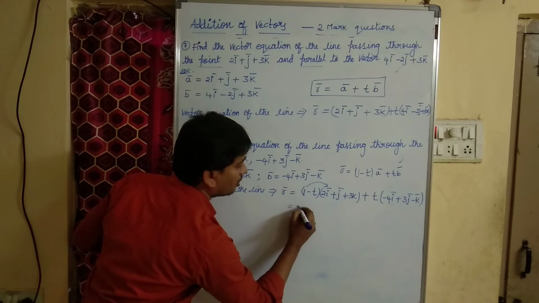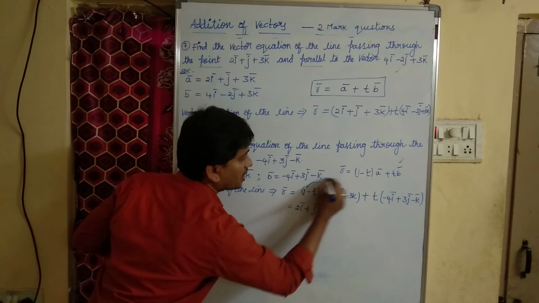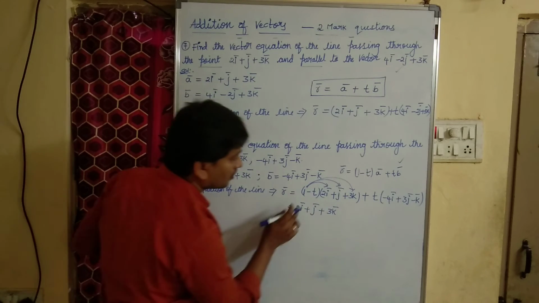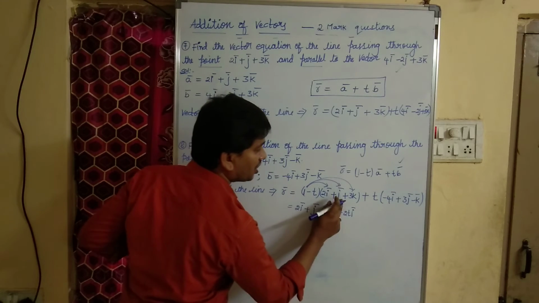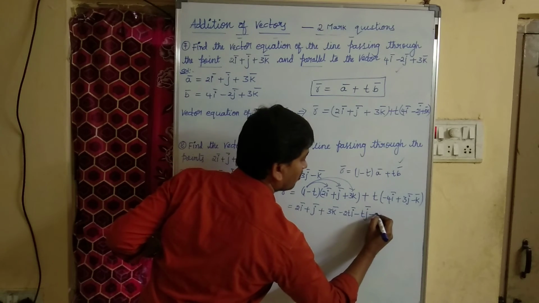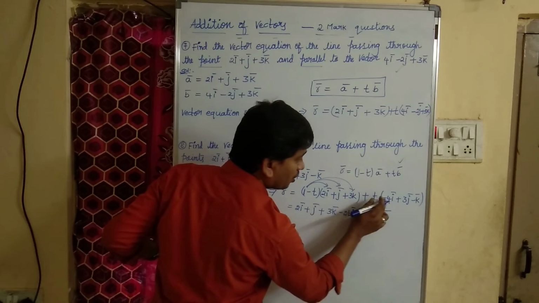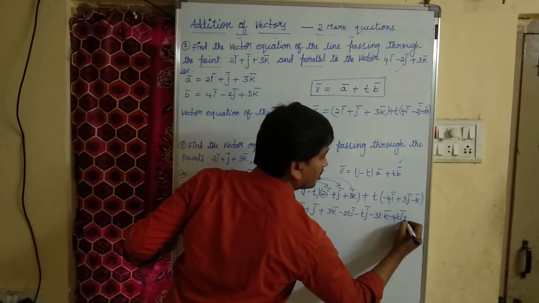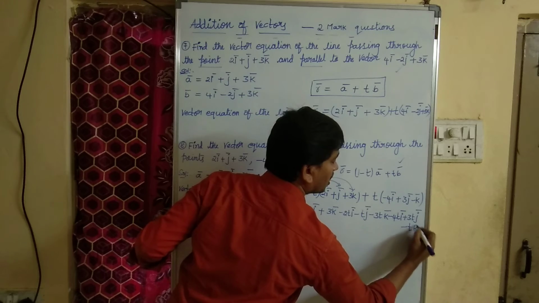1 into 2i bar, plus 1 into j bar, plus 1 into 3k bar. Now minus t into 2i, minus 2t i bar, minus t into j, minus tj bar, minus t into 3k, minus 3t k bar, plus t into minus 4i, minus 4t i bar, plus t into 3j, plus 3t j bar, plus t into minus k, minus t k bar.